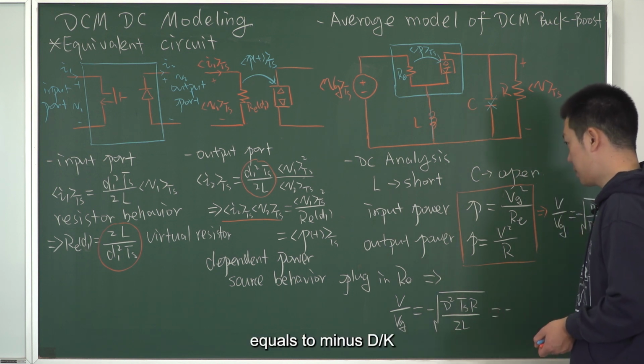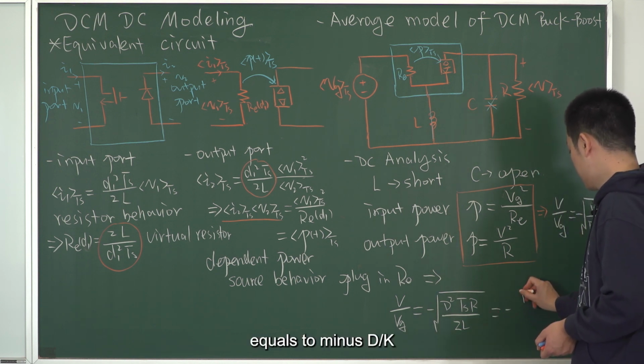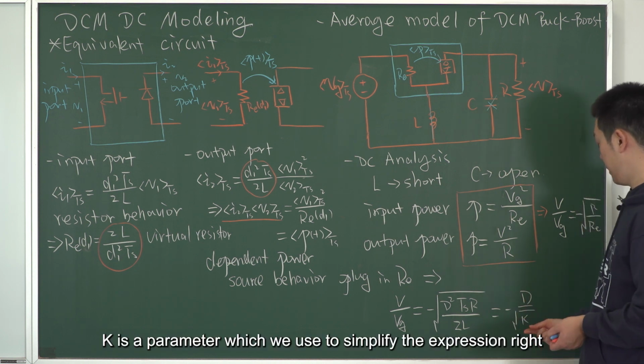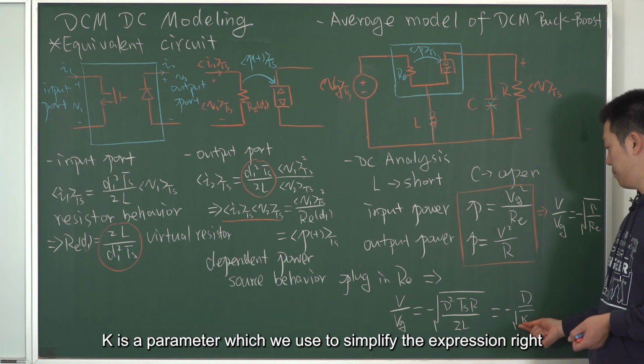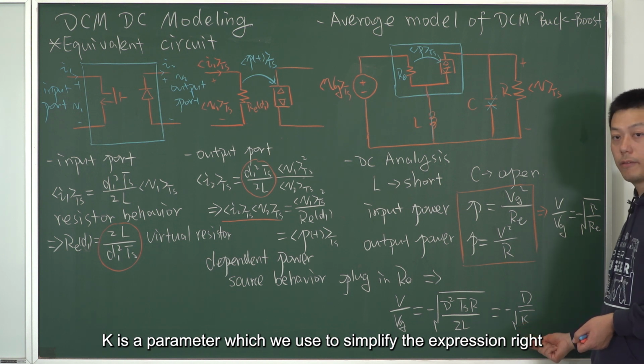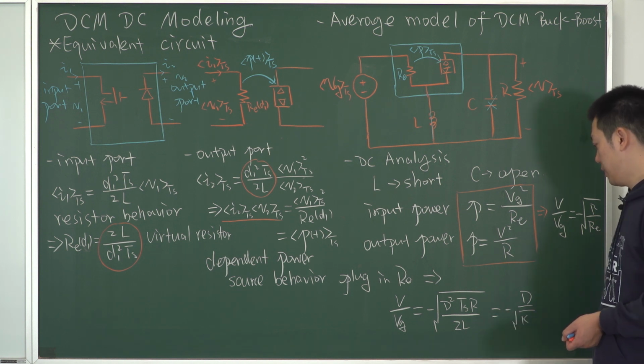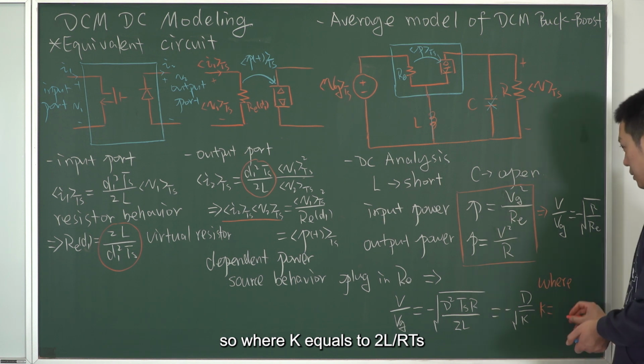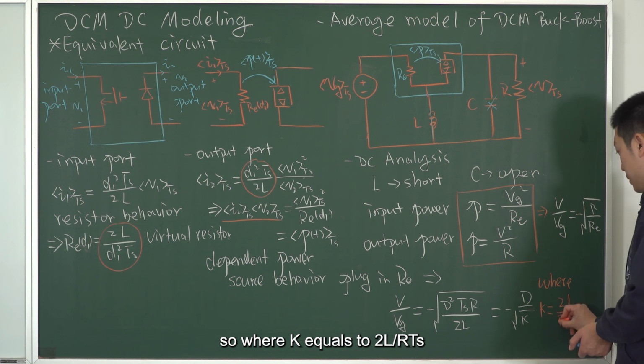Equals to minus D over square root of K. K is a parameter which we use to simplify the expression, where K equals 2L over R Ts.